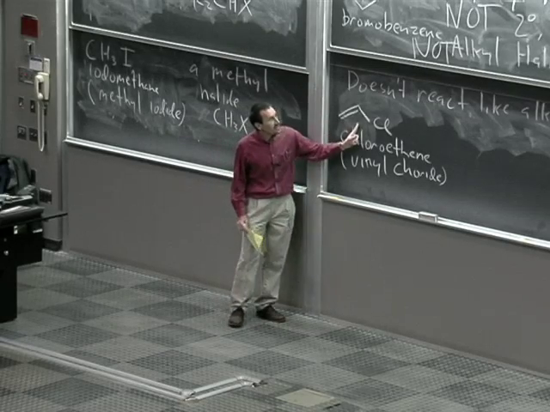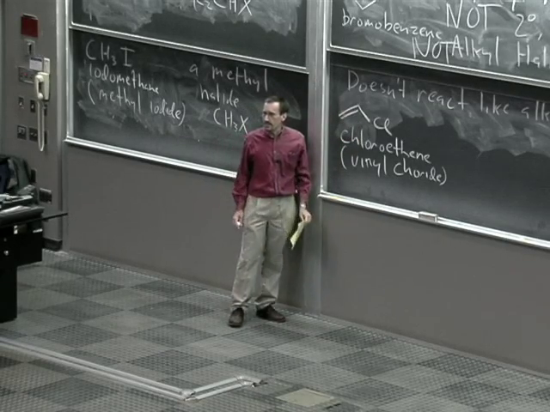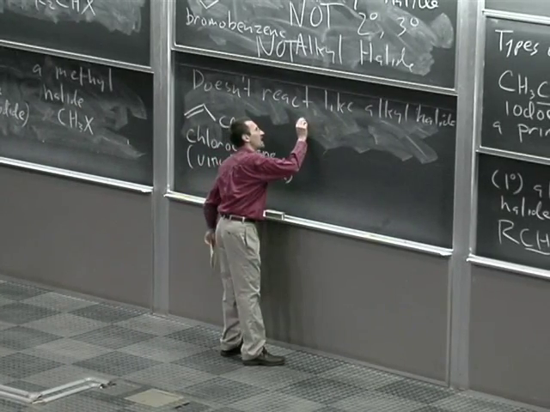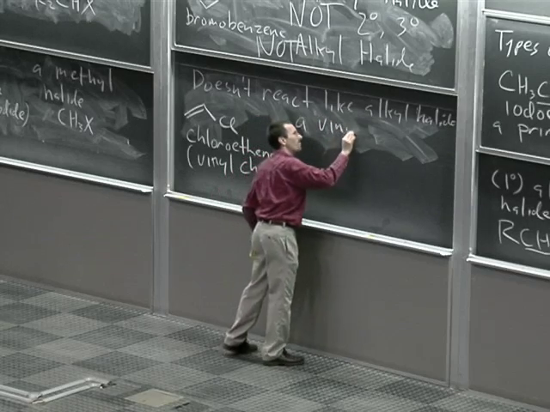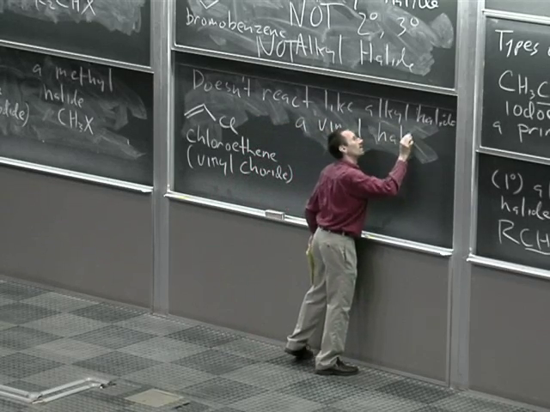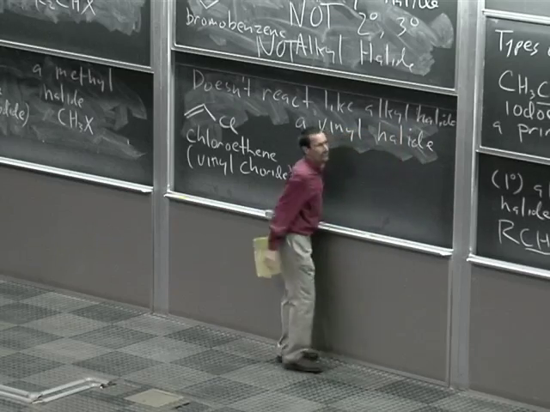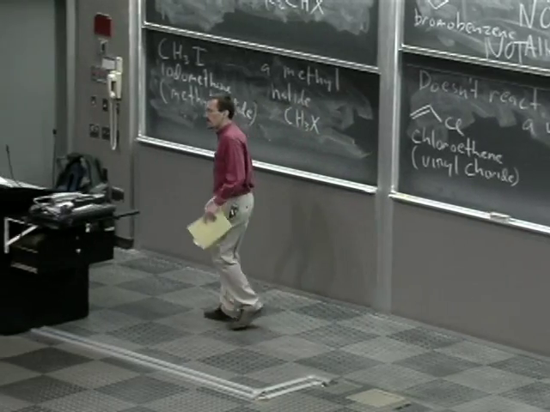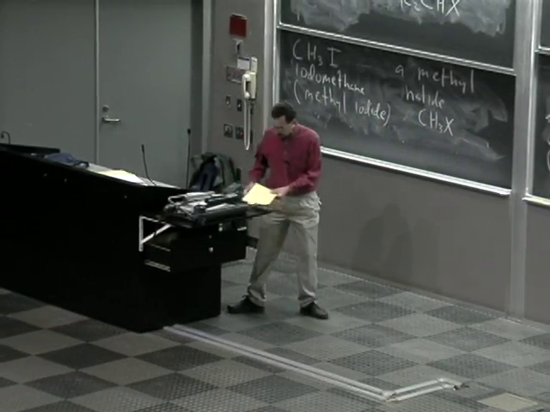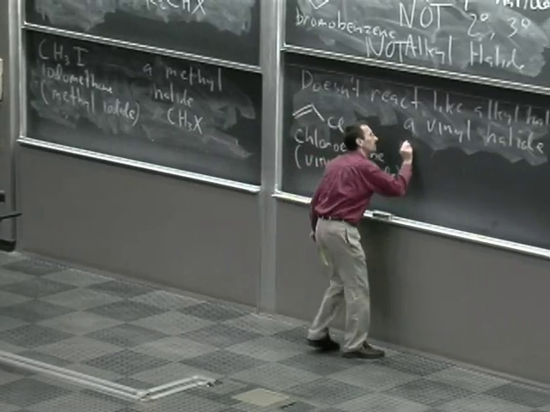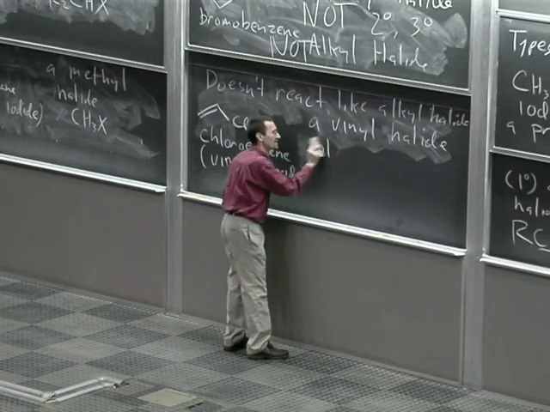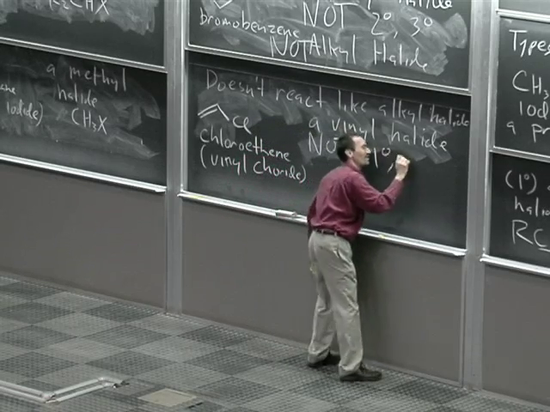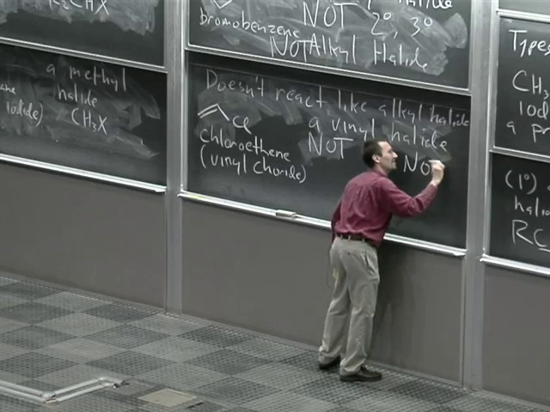All right, this, like chlorobenzene or bromobenzene, is not an alkyl halide. It's a vinyl halide. Vinyl is the common name for double bonds, the trivial name, and you'd probably refer to them generically as a vinyl halide. So it's not primary. And again, I'll write the biggest bold as not I can. Not primary, not secondary.